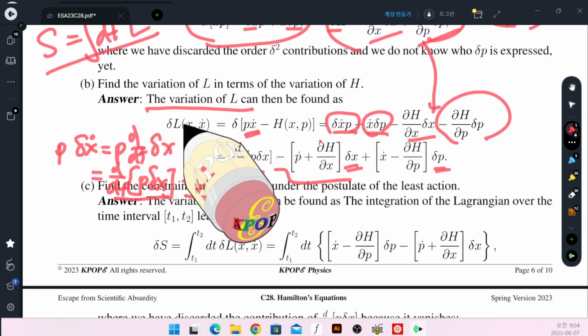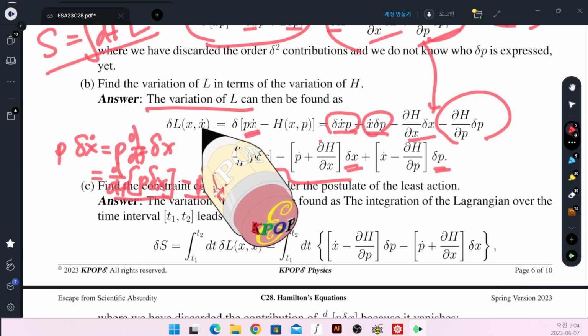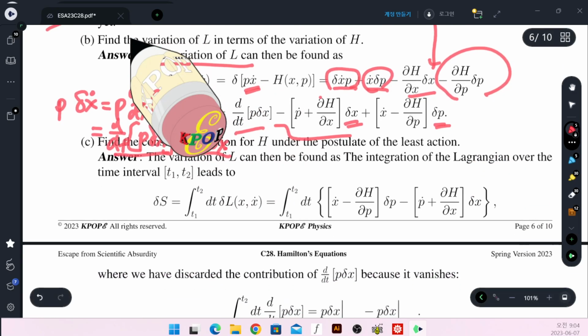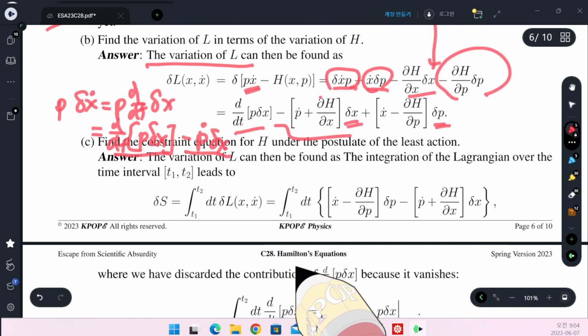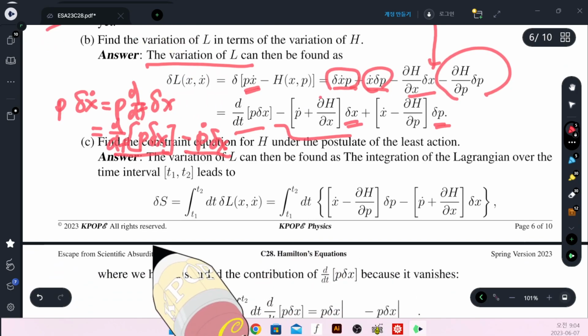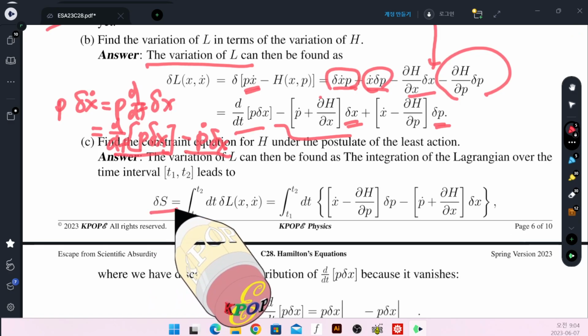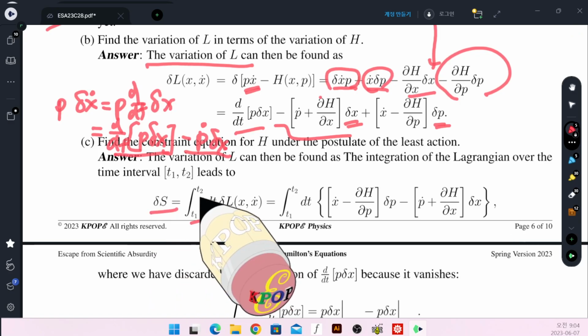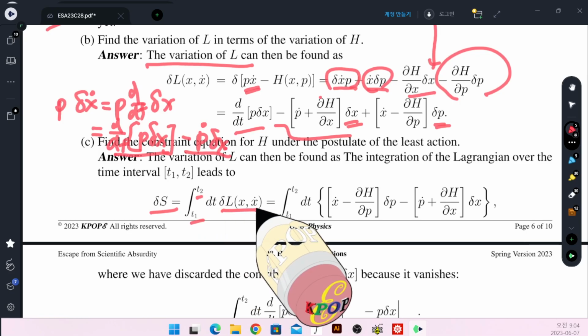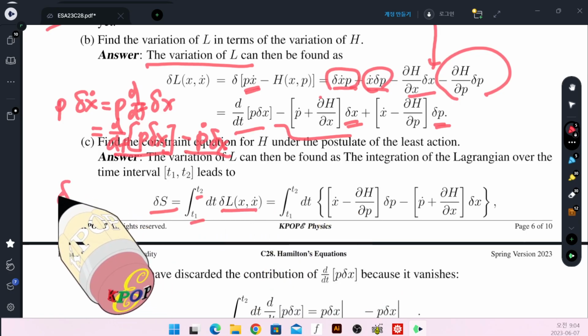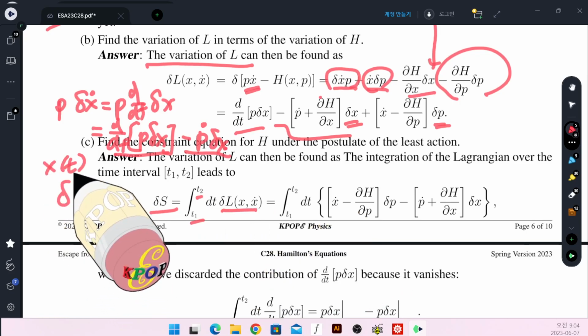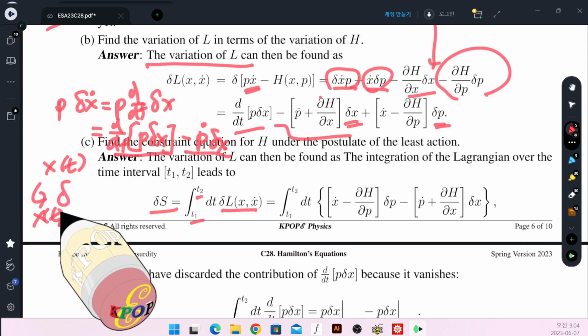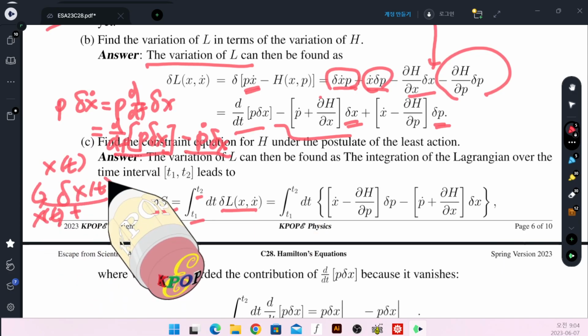We substitute the variation of the Lagrangian into the definition of the action. So the action's variation is evaluated from t1 to t2 along a certain path x of t, to x of t plus the variation of the path.